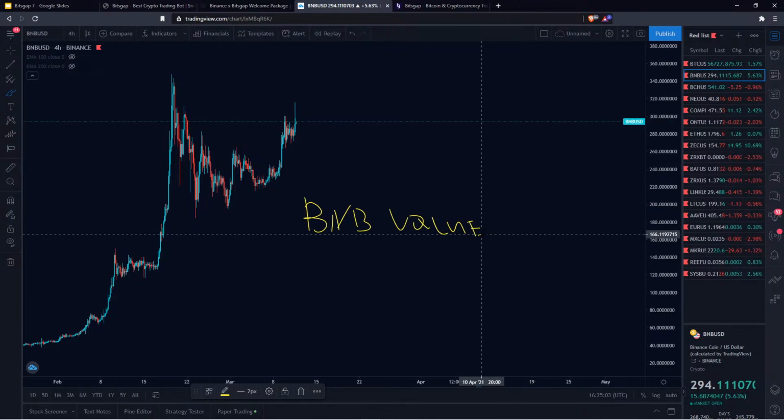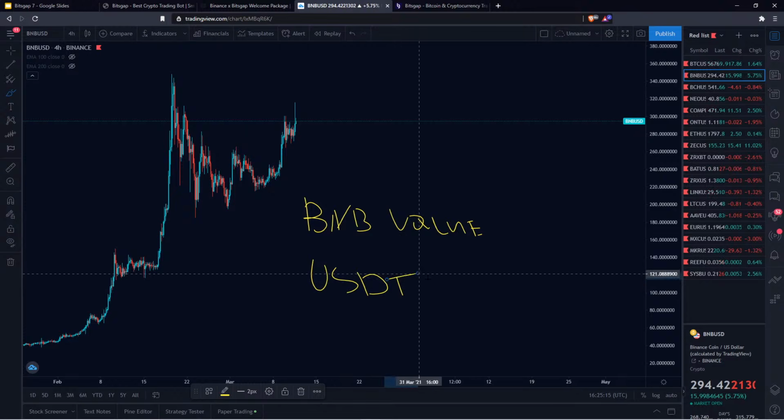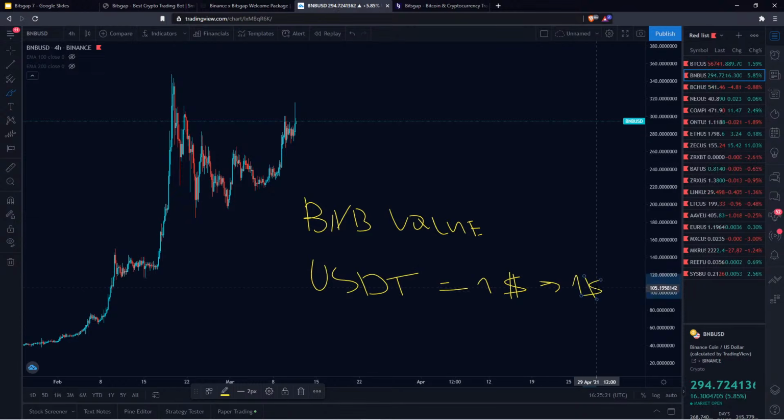So that's the only coin the value of which can appreciate and depreciate intraday. Whereas what we know is that the USDT costs $1 and it's gonna cost $1 tomorrow, and $1 the day after tomorrow.